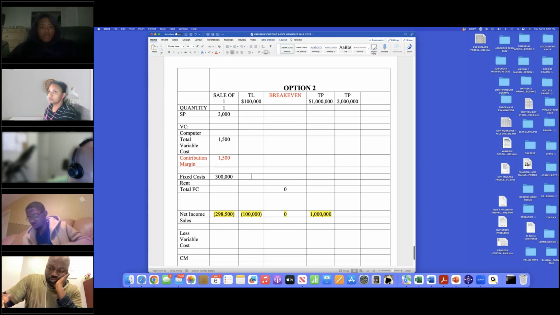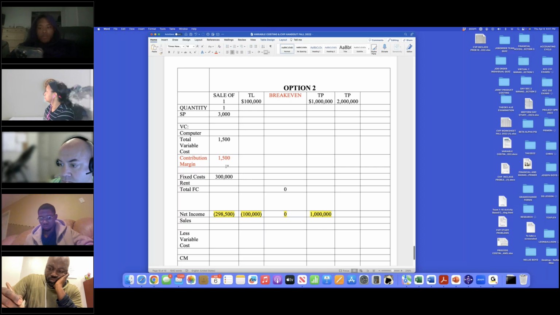I see. Thank you. So we knocked out. What we're trying to do is have enough computers sold to make 1,500 each, so we wipe out the fixed costs. That's the first thing that we're trying to do.